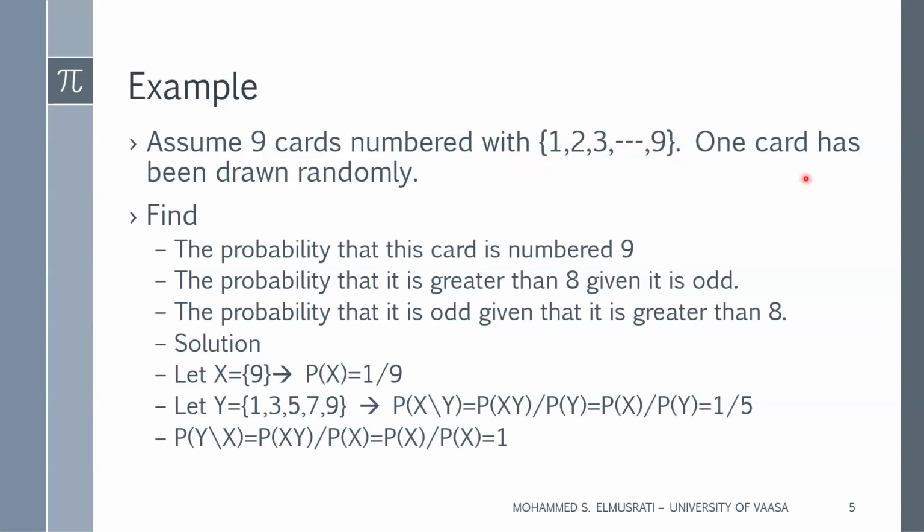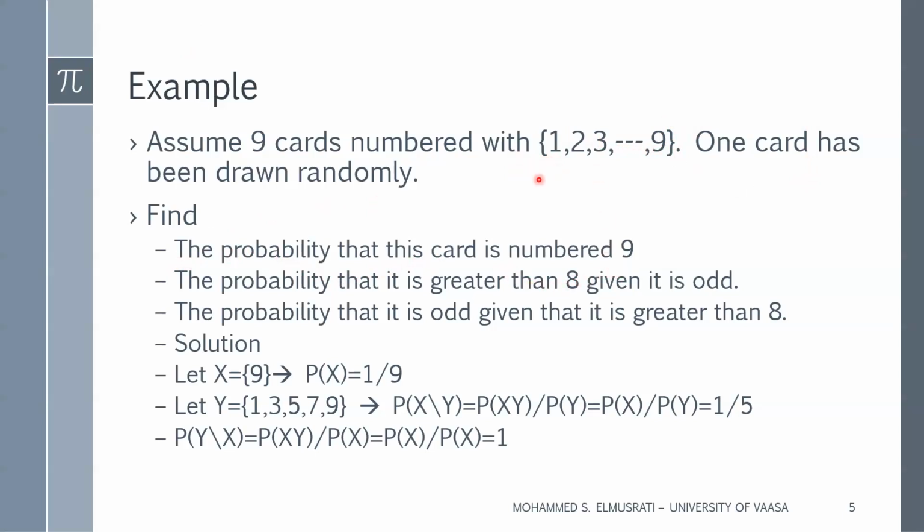One card is drawn randomly. You don't see the numbers on the cards, so they are flipped down, and you just select one card at random. Find the probability that the card is numbered 9.